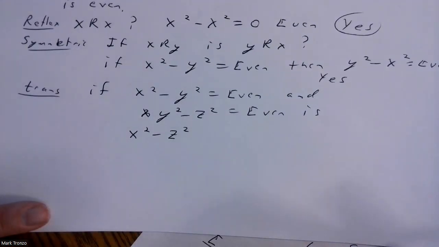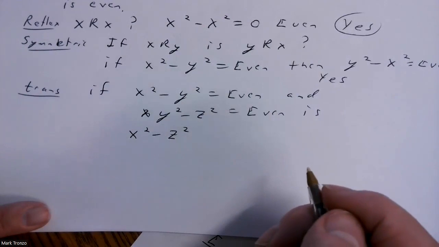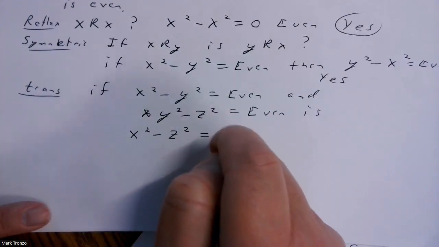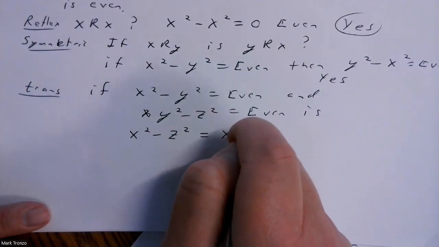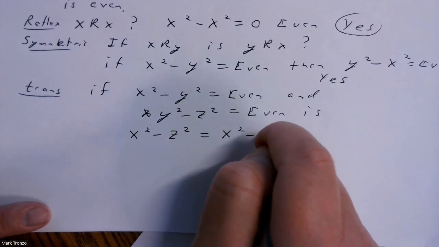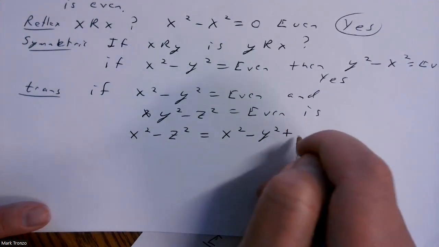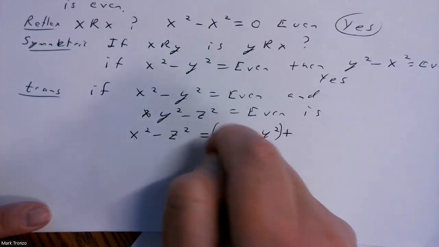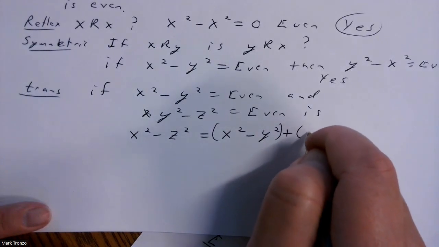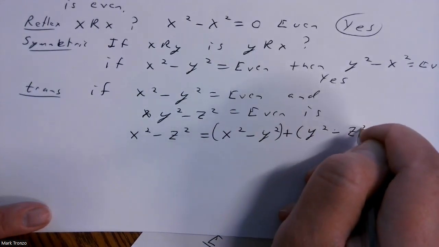What is that going to be? You could even just use what you have above, because you could just say this is going to be equal to Y squared minus Z squared.